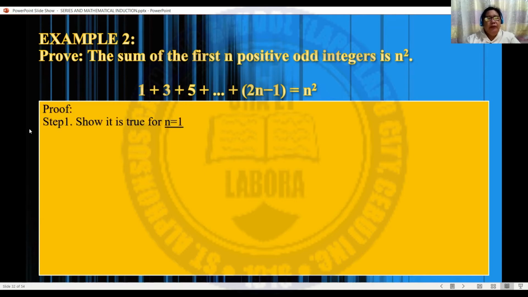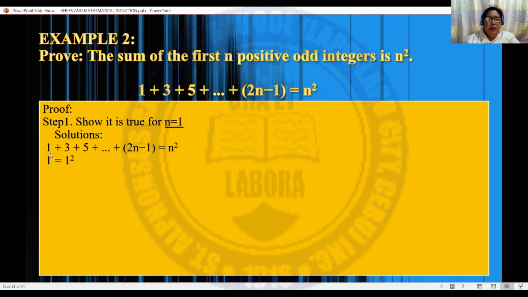So the proof, for step 1, we have to show that it is true for n equal to 1. For the solutions, we write 1 plus 3 plus 5 and so on until 2n minus 1 is equal to n squared.